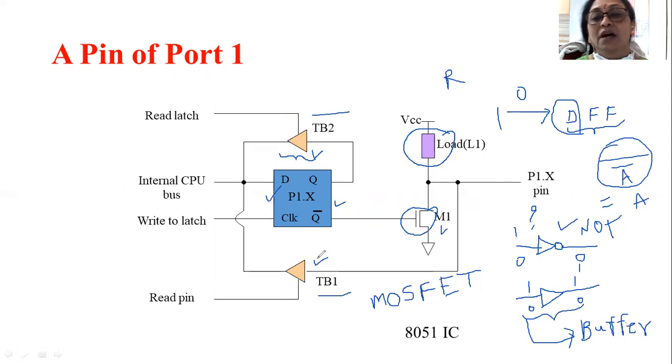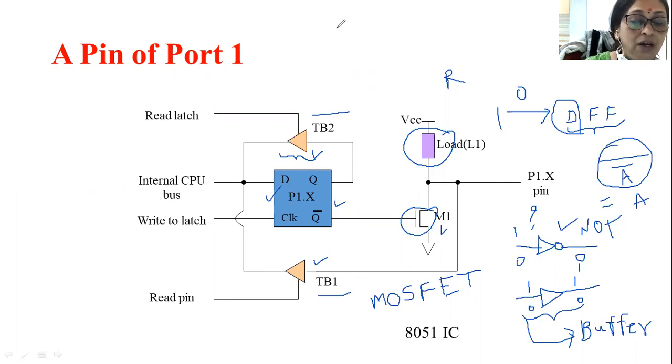So two buffers are present there, and apart from this, the MOSFET, or metal oxide semiconductor field effect transistor, is also present there. So this is the structure of the pin.